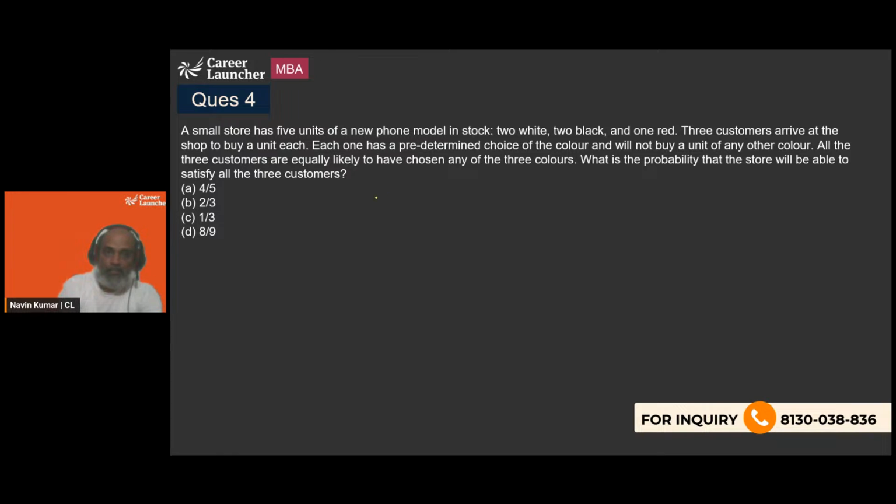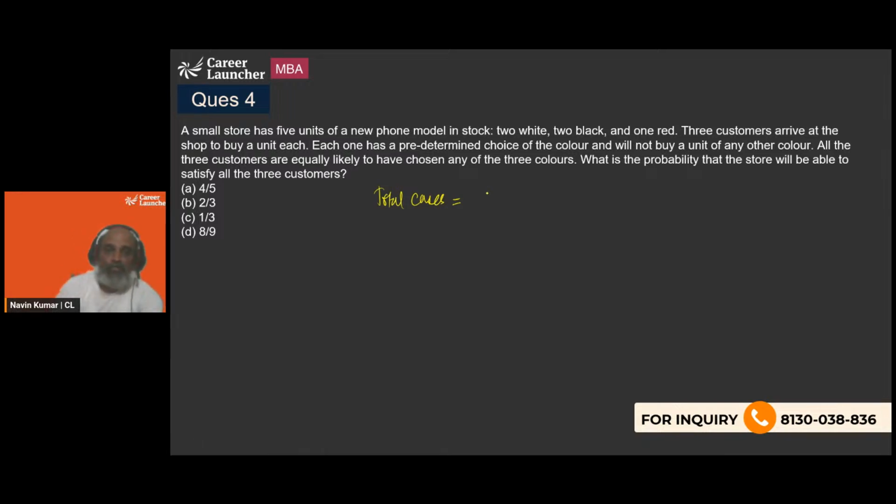Right? Let's talk about, first of all, total how many cases we are going to have. If the customer comes and picks a phone, it has got nothing to do with which phone he is going to pick, which customer comes in first, total, without looking at any of the conditions given.